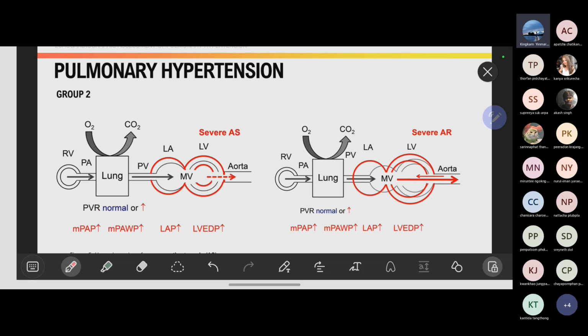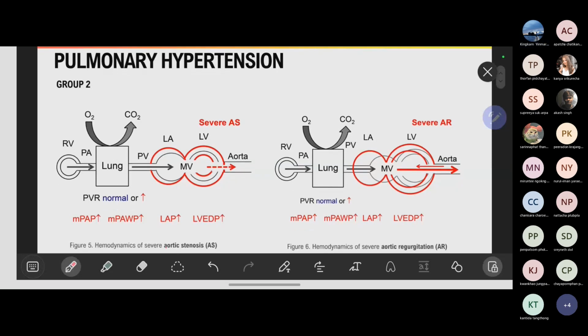Next diagram. This diagram shows hemodynamics in patients with aortic stenosis. In this patient, the aortic valve cannot open fully, which blocks blood flow from the LV to the aorta and to your body.